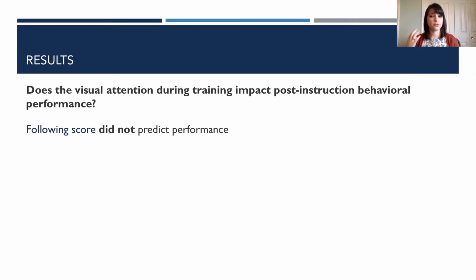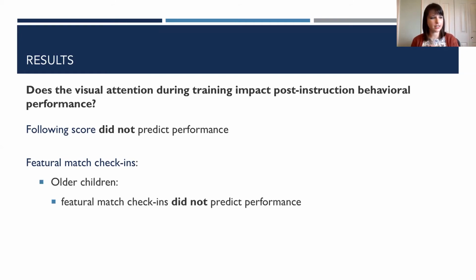To understand the relation between checking in with the featural match during instruction and performance, we took into account our findings that in general, instruction affects the degree to which young children, and not older children, check in with that featural match, if you think back to the last slide. And we find that while older children's check-ins with the featural match did not predict their post-instruction accuracy, for younger children it does.